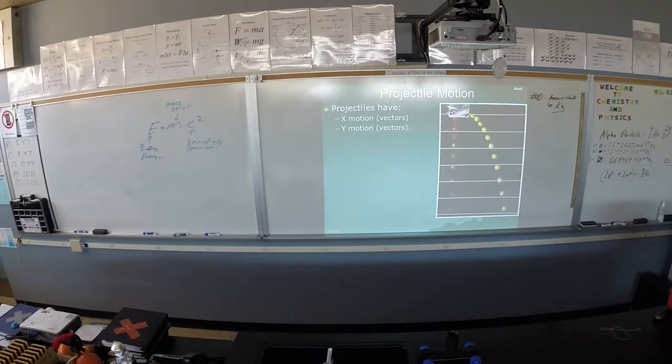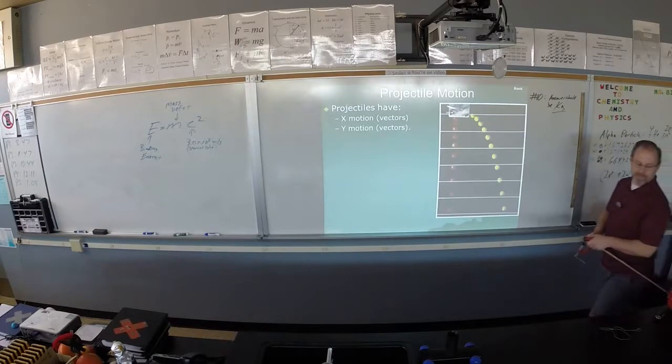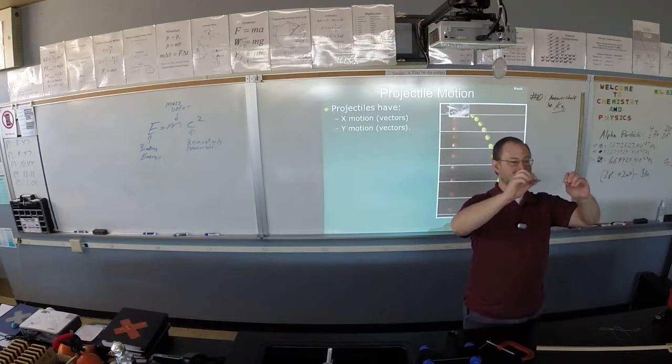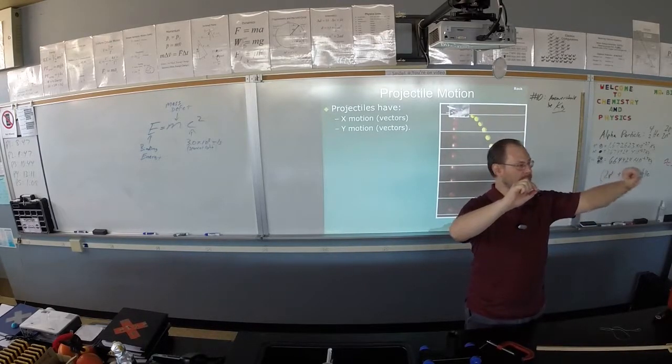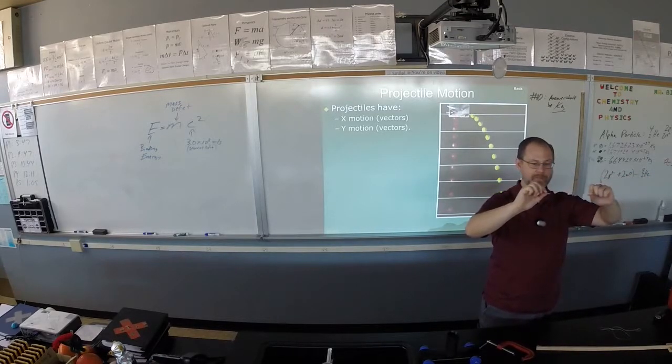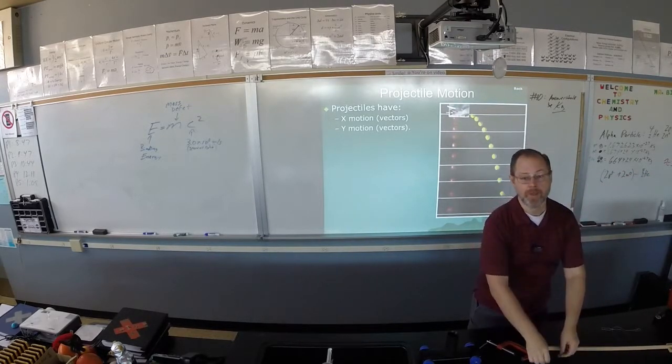I would have to redesign my apparatus for that. Okay, so how many clinks did you hear? One clink or two clinks? One clink. So even though one was traveling horizontally and it made it like 2 or 3 meters, it still fell at the same rate as the one that just fell straight down.